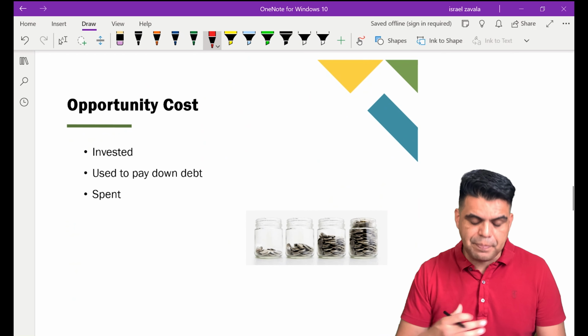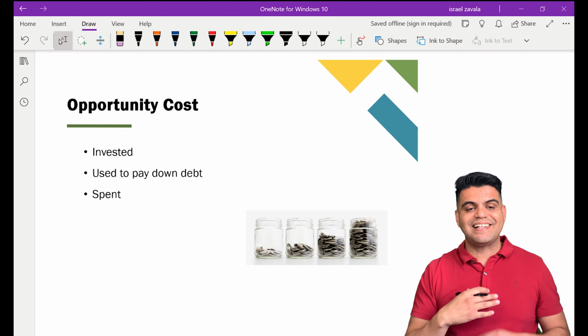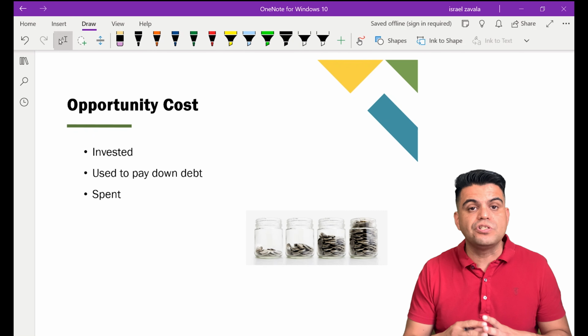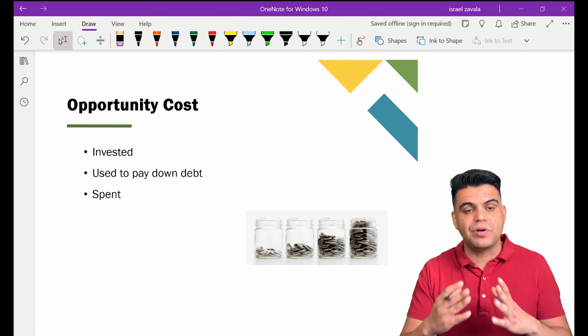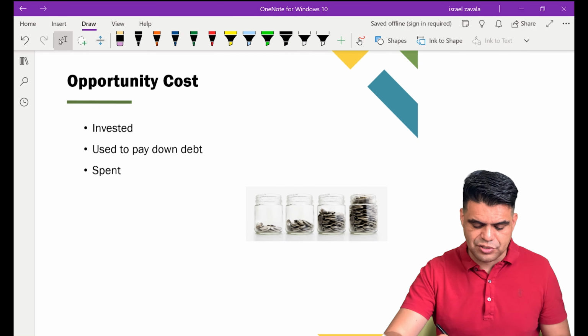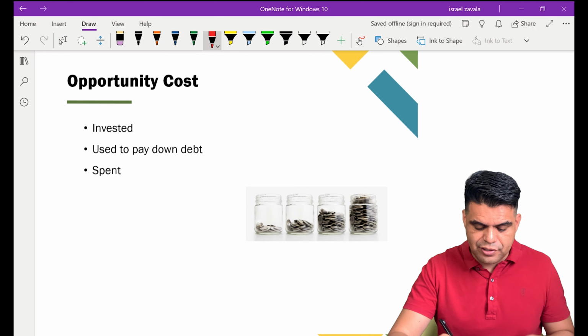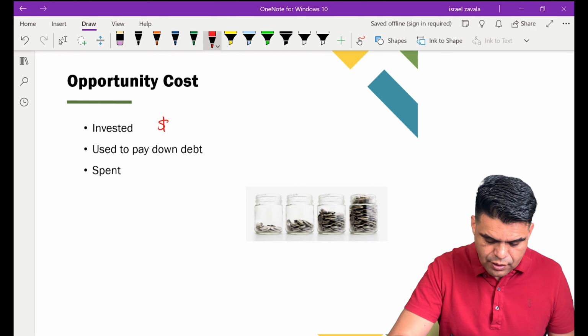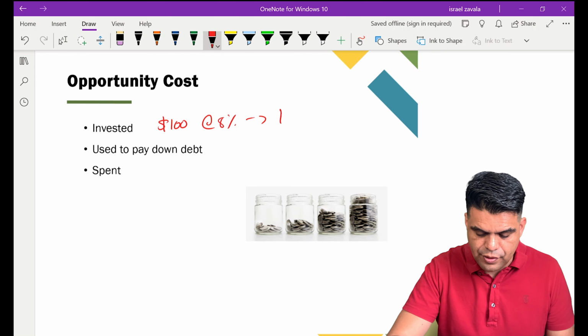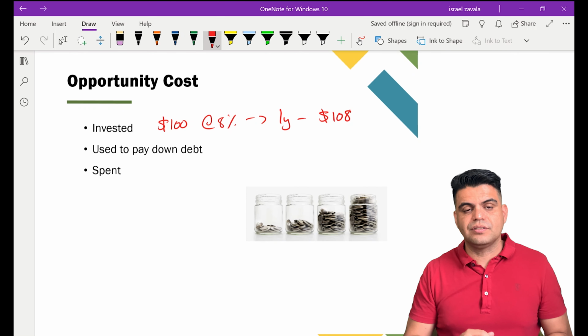So opportunity cost, right? That's what, if you had the money today, you could do these things with that money. And I already touched a little bit on that. So again, if you had $100 today, you could invest it, let's say at 8%. At the end of 1 year, you would have $108, right?